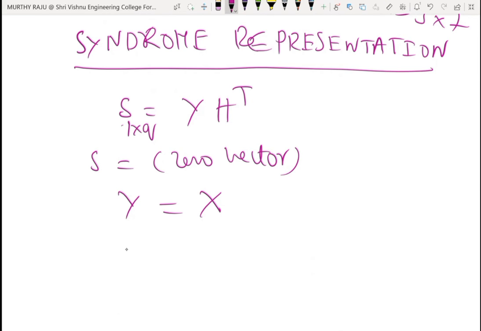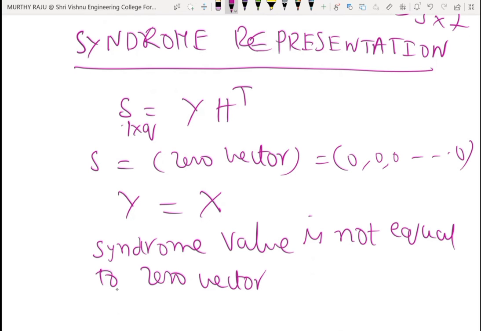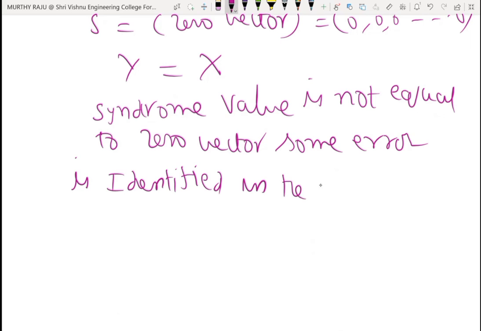If the syndrome value is not equal to the 0 vector, not equal to 0 vector meaning 0, 0, 0, then some error is identified in the received code vector.